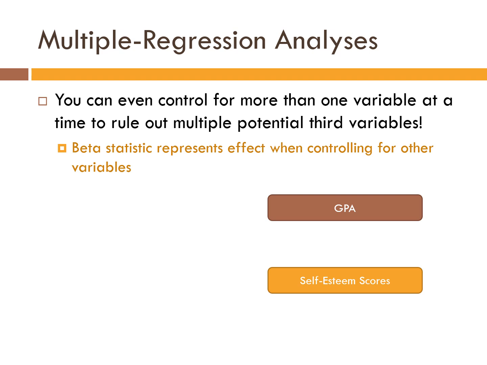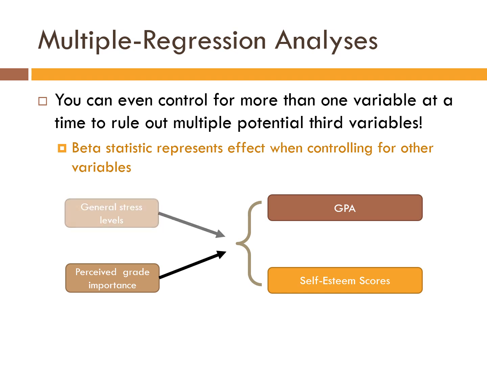Remember that the beta statistic represents the effect when controlling for any other variable that you've included. So you could run the analysis between GPA and self-esteem and control for all three of those extra variables, and whatever the final beta is that you get between your main predictor and your main criterion variable, that will mean something special, right?